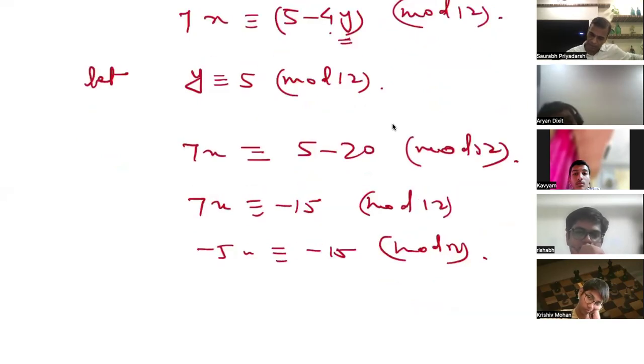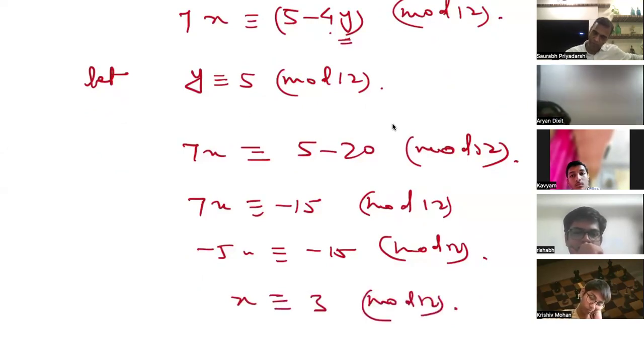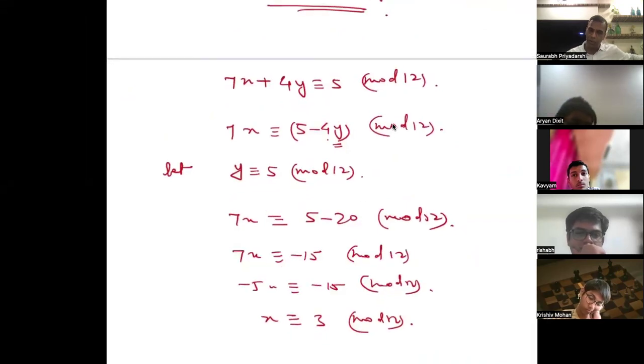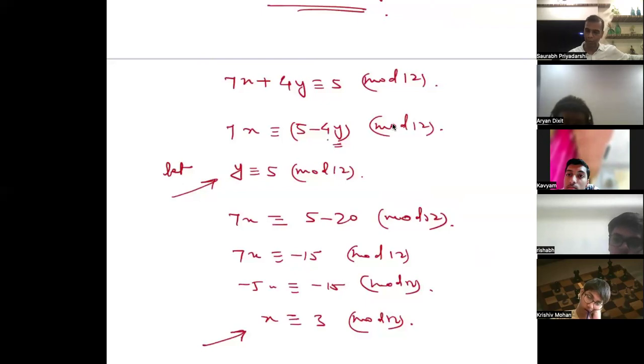And this 5 is nothing but, x congruent to 3 mod 12. Means in this case, if y is congruent to 5 mod 12, then x will be 3 mod 12.